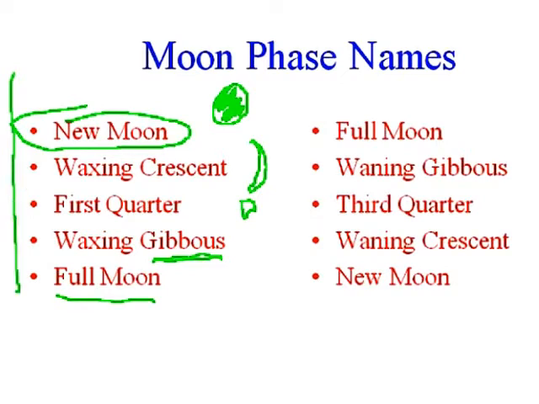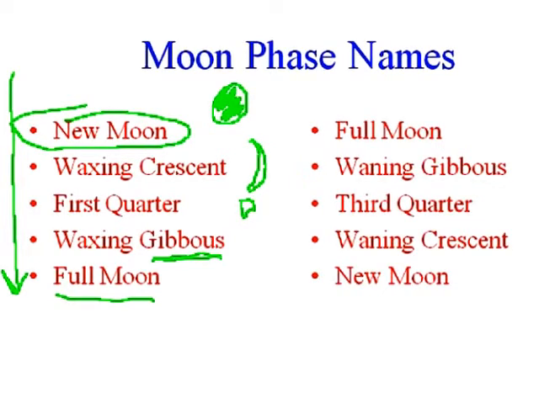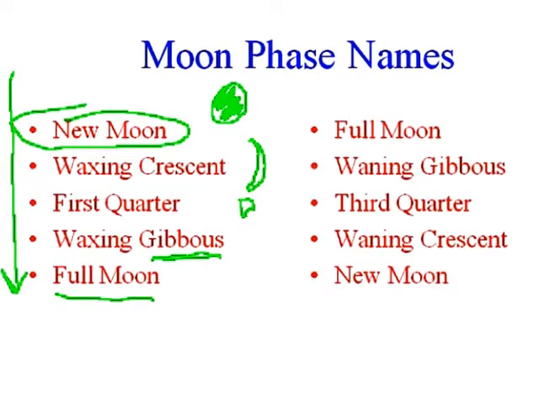So during this left cycle of phases, we use the word waxing, meaning that the phase is growing. So from no light to a little crescent to a half full moon to a more than half full moon to a full moon, that's the waxing phase. It takes about 2 weeks for that to occur. And as the full moon occurs, the sunlight begins to diminish on it, and so it tends to go backwards.